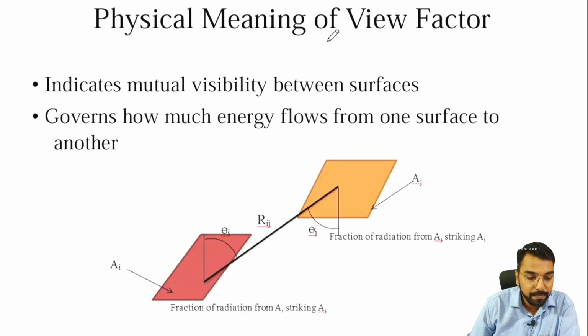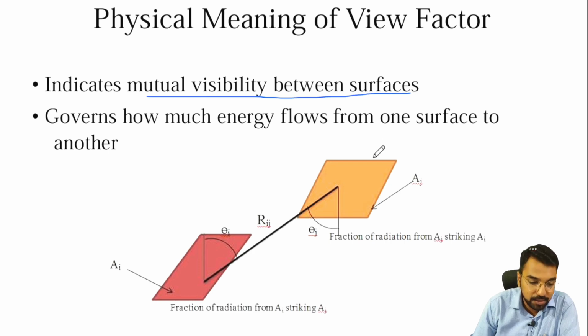So the physical meaning of this view factor, whatever I have just explained to you, is illustrated in this figure. It indicates mutual visibility between these surfaces. Let's take this example.